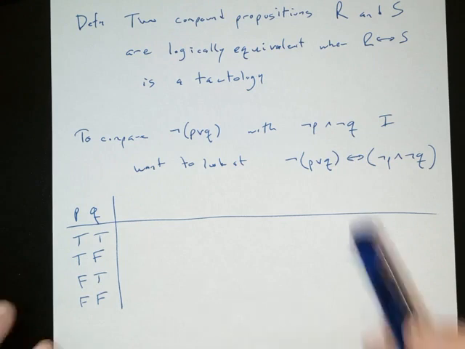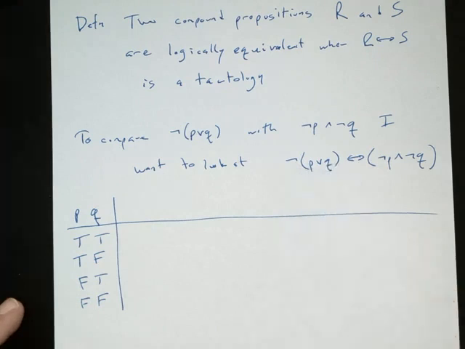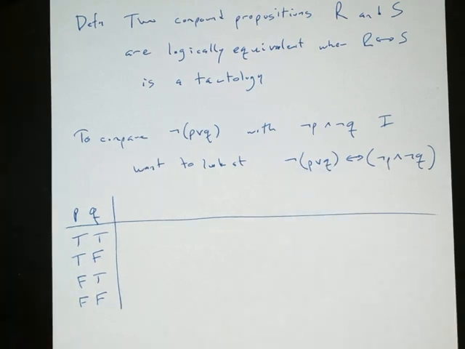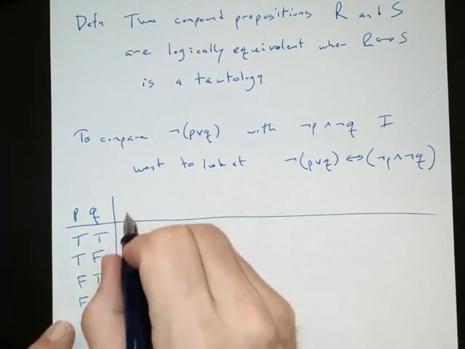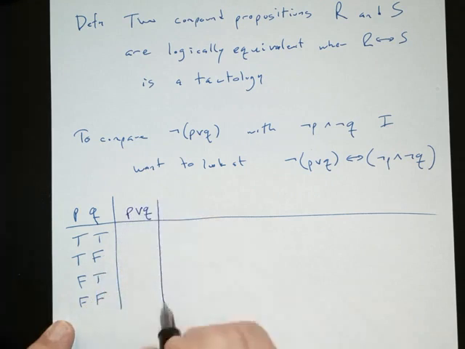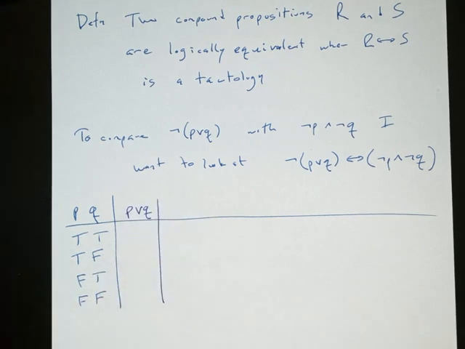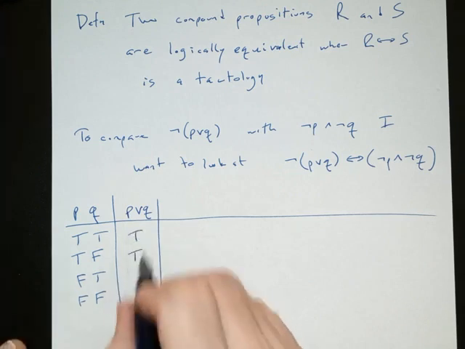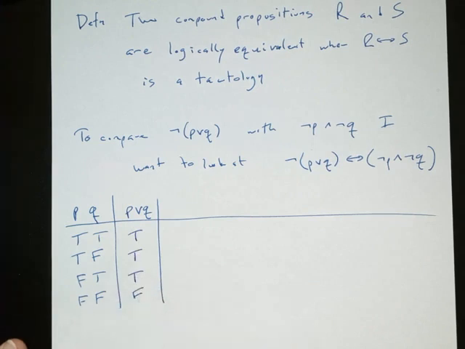So, you want to do the thing on the left first or the thing on the right first? Left it is. The left says not P or Q. Parentheses tell me I need to do the or before the not, otherwise my order of operations would be different. So the first thing I do is I do P or Q. Fill in that column. The inclusive or is only false when both terms are false.